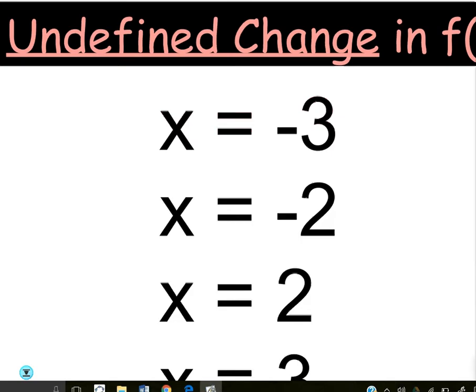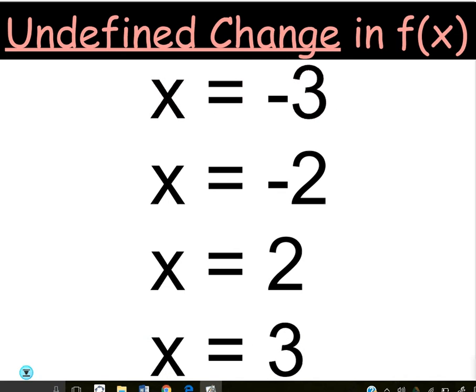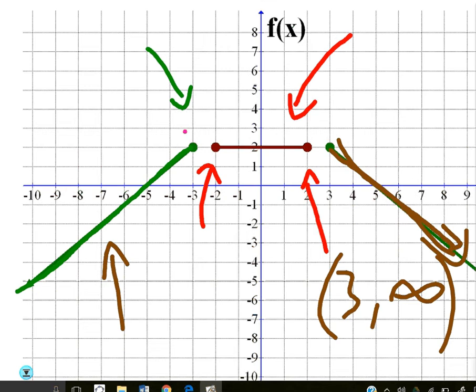Now we do have undefined changes in f of x. All of those endpoints are where f of x is undefined: -3, -2, 2, and 3. If we look at the graph, we can see that these endpoints are where the change is undefined.